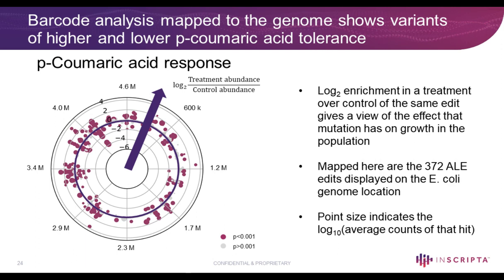That gives us an enrichment score for that treated condition. So this is for coumaric acid. You can see that certain mutations within the cell population give rise to an enrichment in coumaric acid, and a number of mutations are also depleted out in the coumaric acid response. So they become more susceptible than in M9, which is the control.